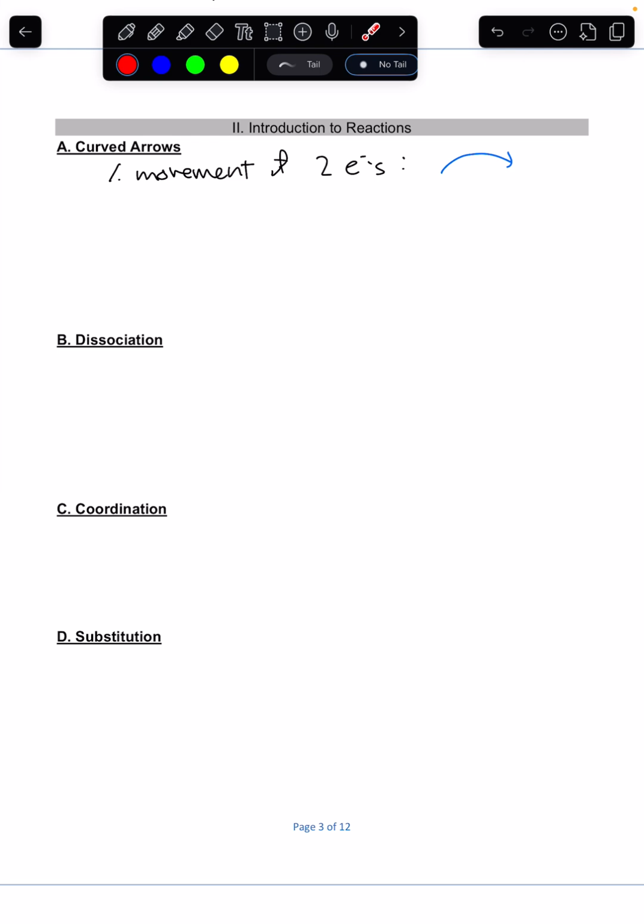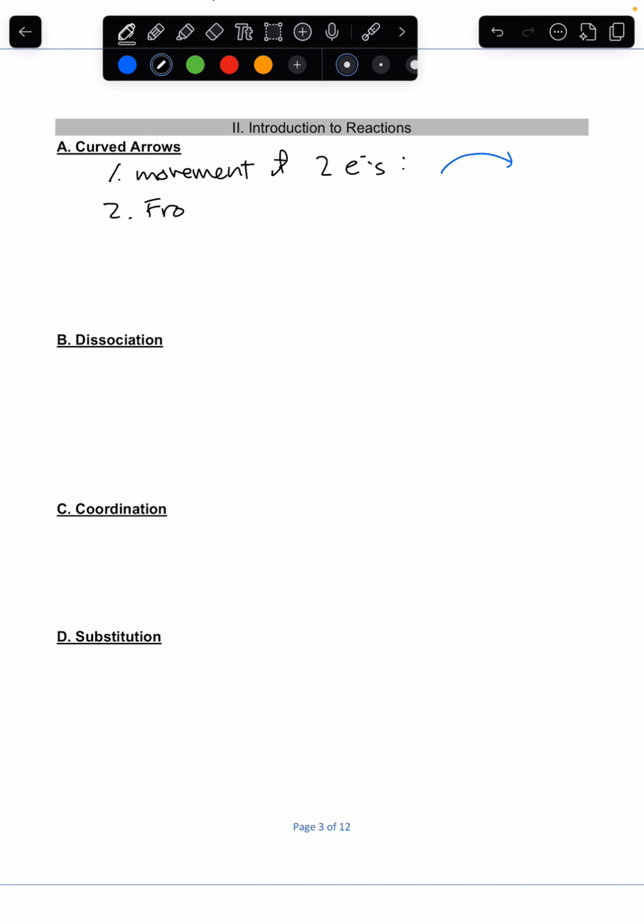It's the electrons that move around to break a bond and to form a bond, because all the chemical bonds being broken and formed come only from electrons. In our class, I'll try to stick to the convention that I draw the electron arrows in blue.